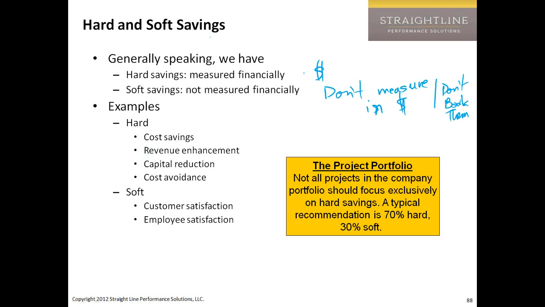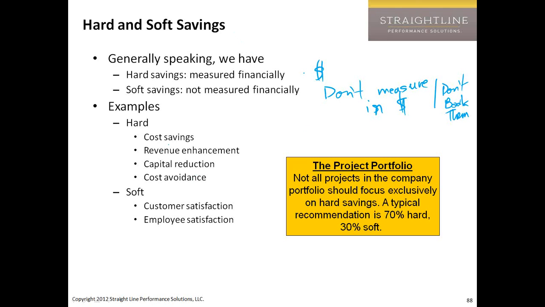If we have something that's directly a revenue enhancement, we want to put that in there. If we have something that is directly a capital reduction, so it helps us remove the amount of money that we have to sink into one area of the business and frees up some cash for another part of the business, that's often very hard savings, which is good.